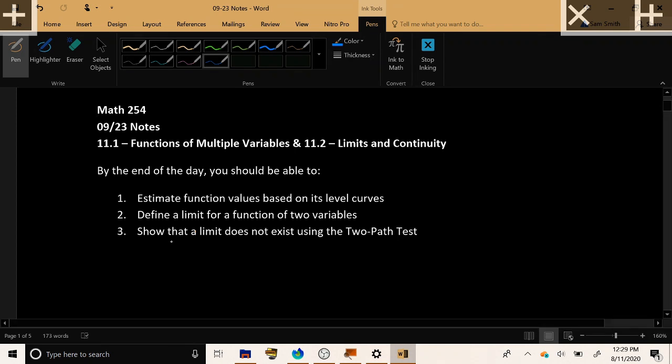Then, getting started talking about limits, we're going to first of all informally define what a limit is for a function of 2 variables. And then we're going to use a theorem called the two-path test to show that a particular limit does not exist. Okay, let's get started.